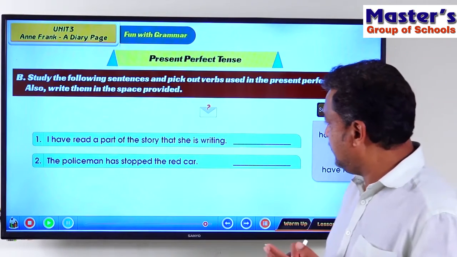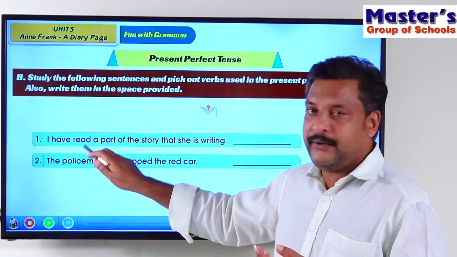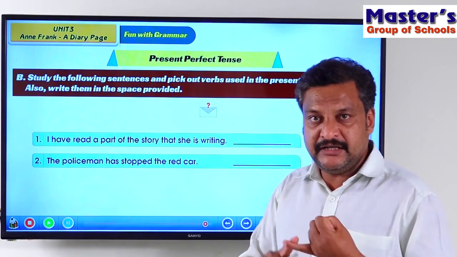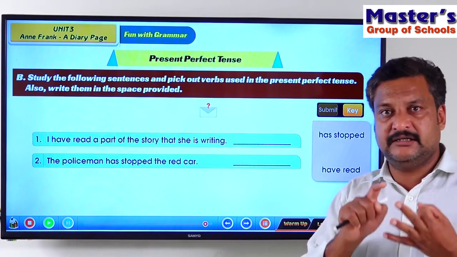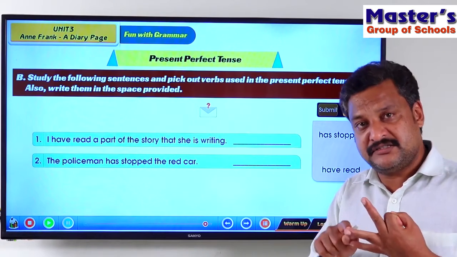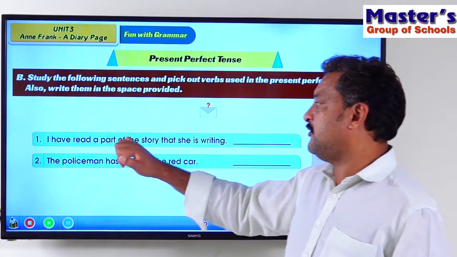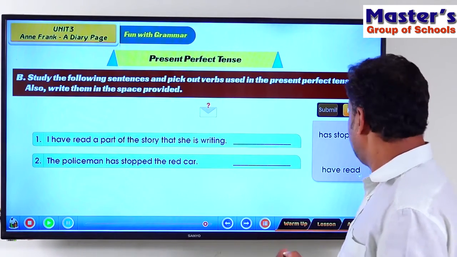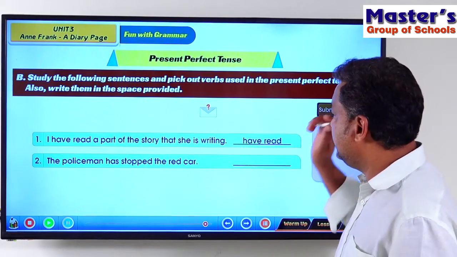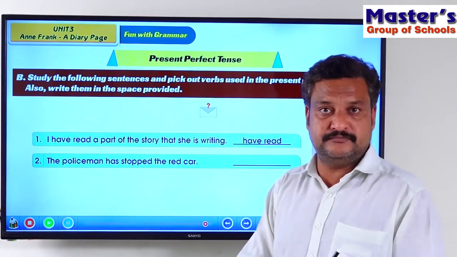Read: present tense read, past tense read, past participle read. So I have read. Have read is the verb in the present perfect tense.